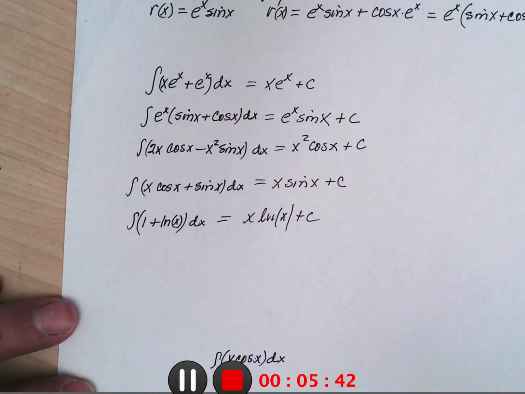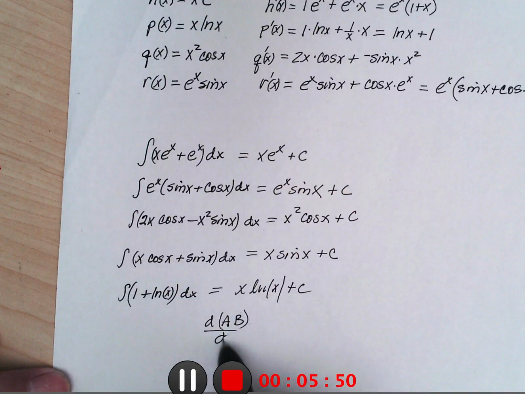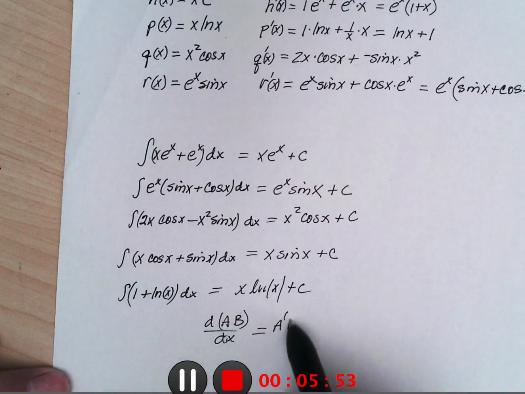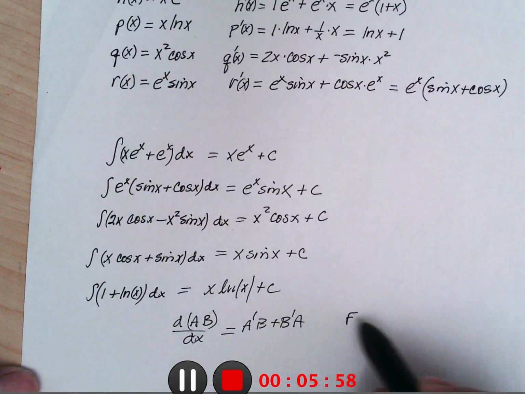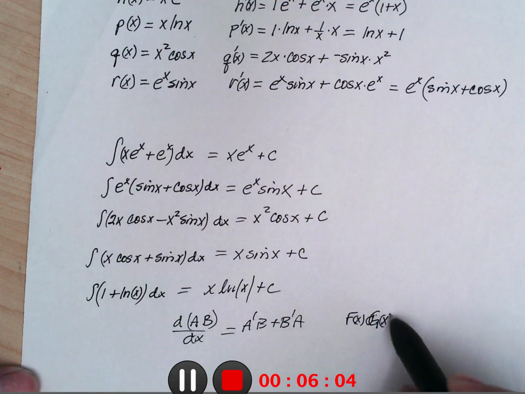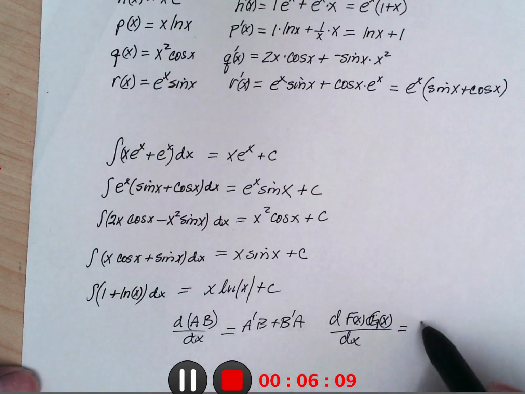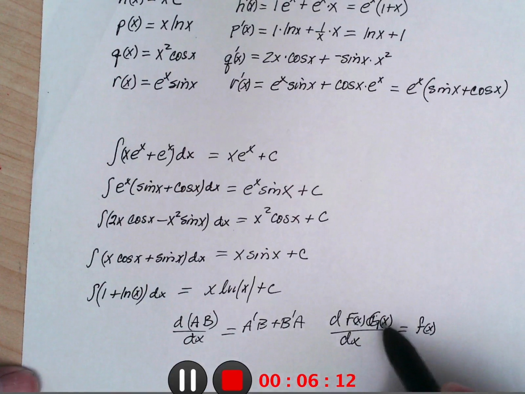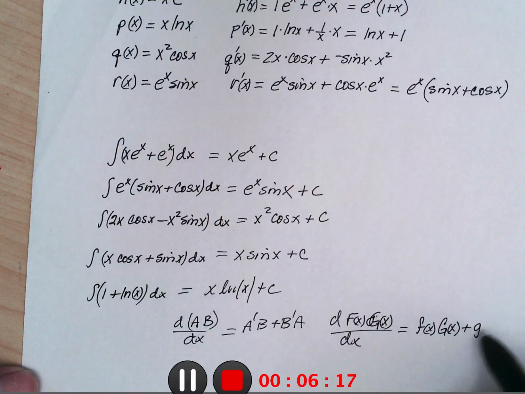Well, whether you call this AB and the derivative of AB is A prime B plus B prime A, or if you called it f of x, g, capital G of x, and took the derivative of it and got the derivative of the first, which is small f of x, times the big one, g of x, plus the small g of x, the derivative of g, times the non-derivative of f.